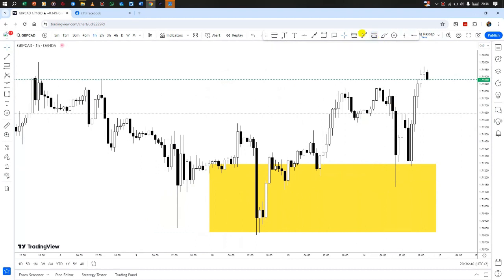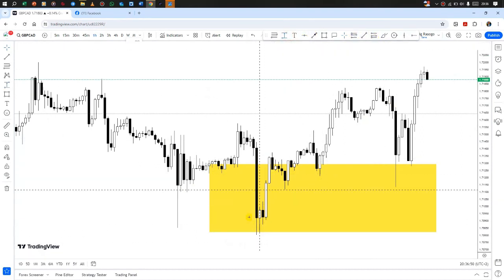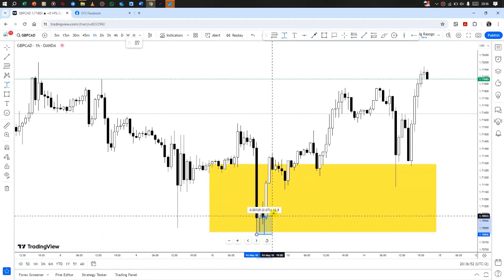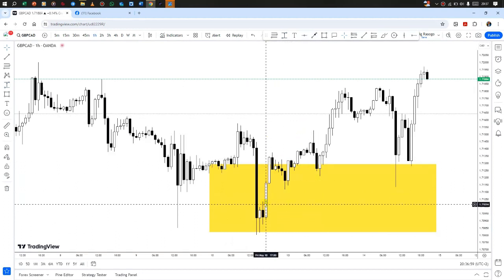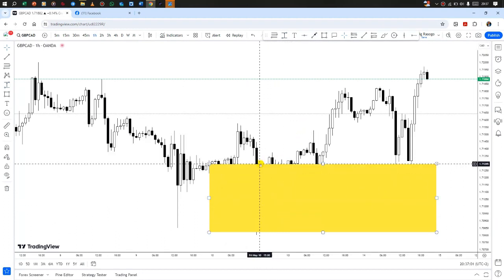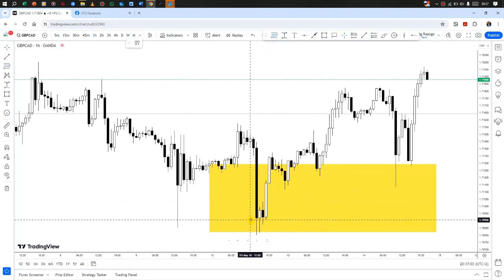So far so good. As you can see, we do have a drop base rally demand zone here on our daily demand zone with approximately 17 pips. As you can see, there's a significant bullish move, so we can mark it here.